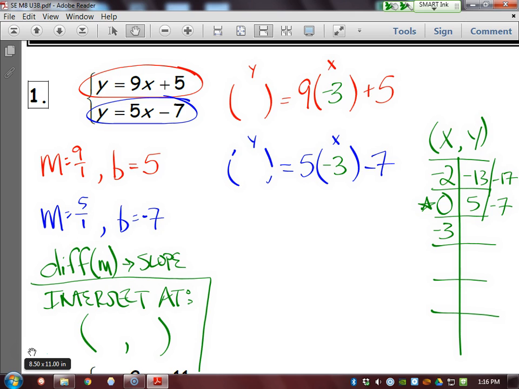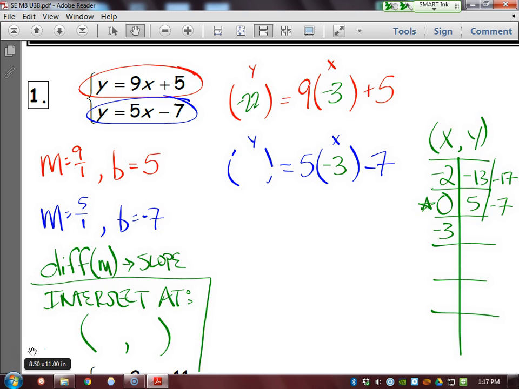What's the answer? Okay, so did you figure it out? What's negative 27 and positive 5? It's negative 22. Okay, good.